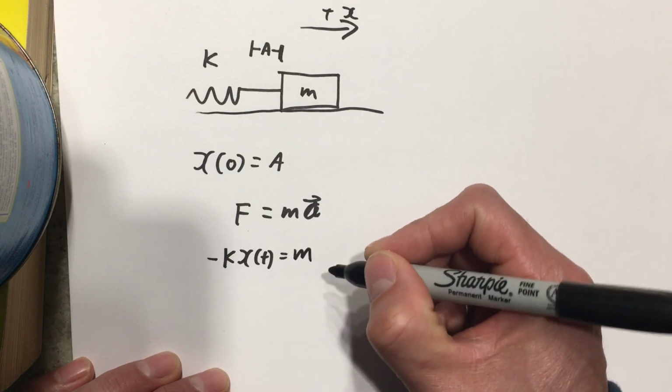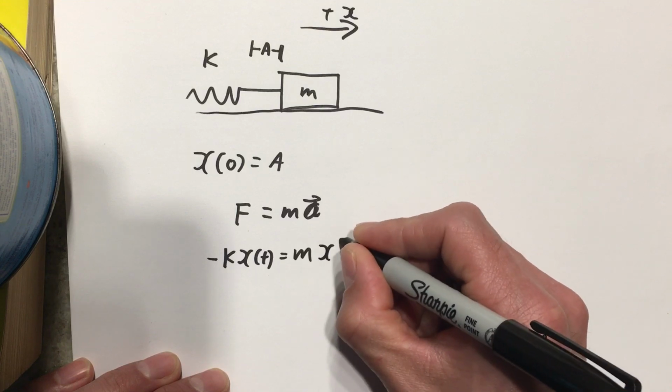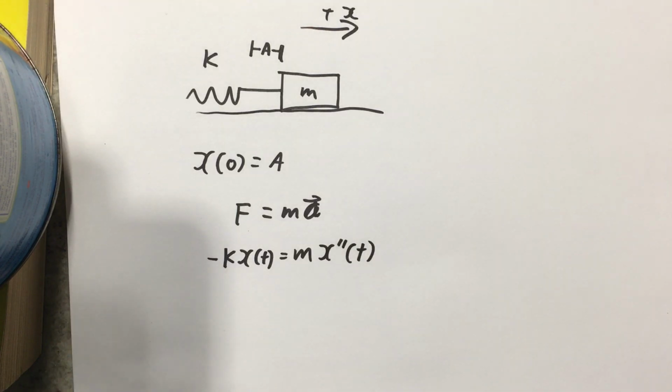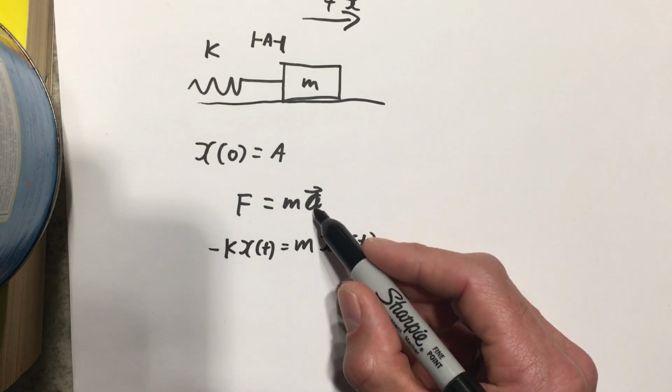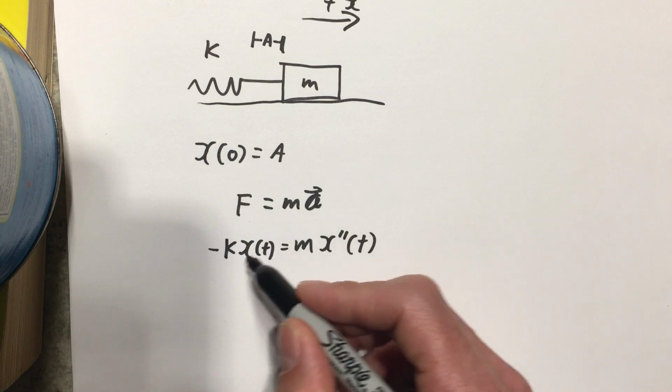Well, mass is mass. Acceleration is the second time derivative of position. You see, velocity is the first derivative of position. It is the rate of change of position with respect to time. That is the very definition of velocity. Acceleration is the rate of change of velocity with respect to time. So acceleration is the second derivative of position.